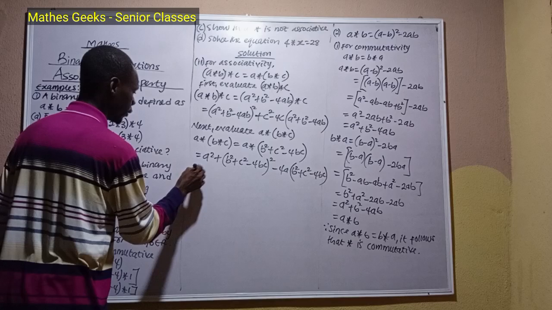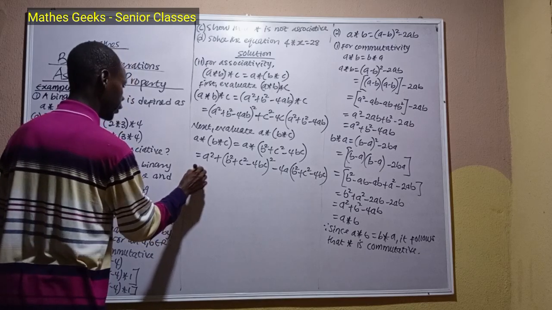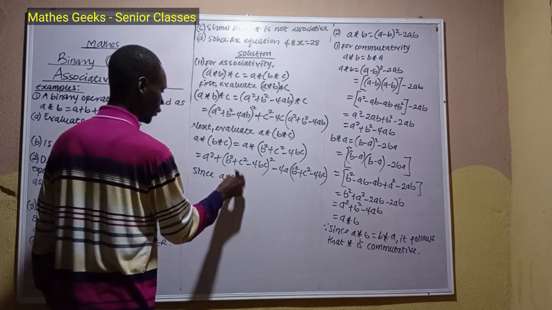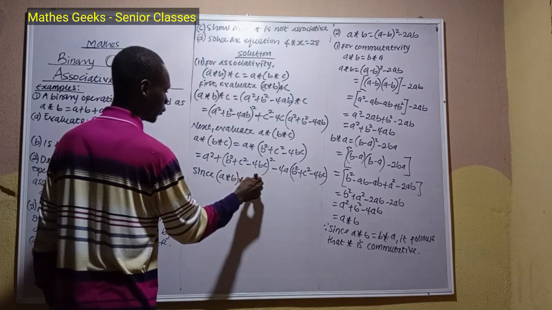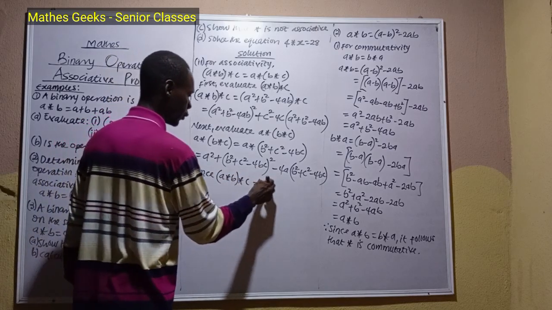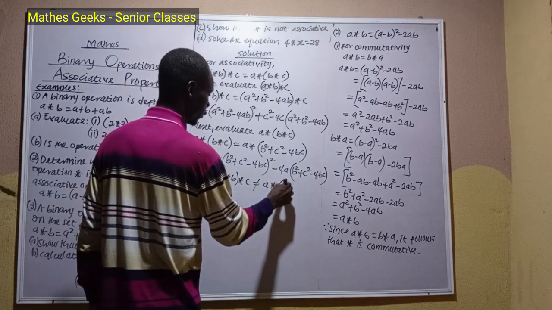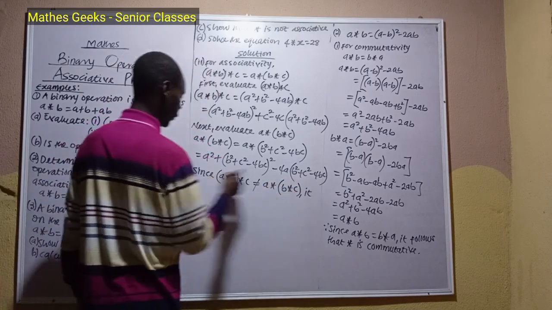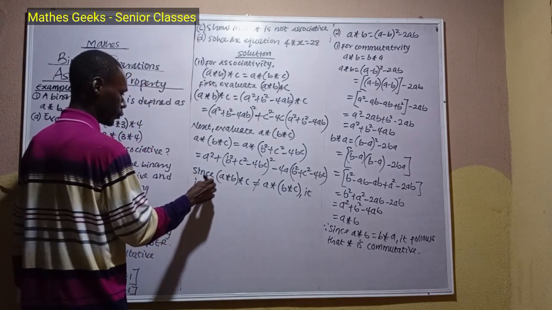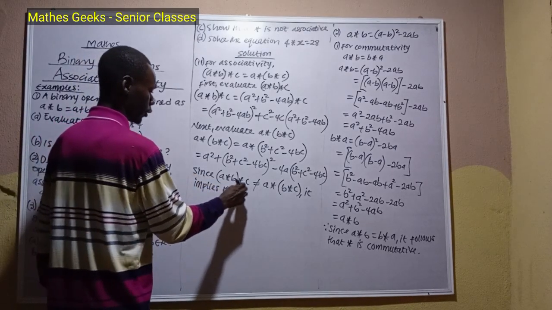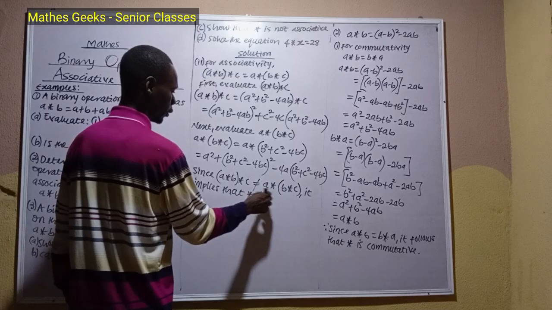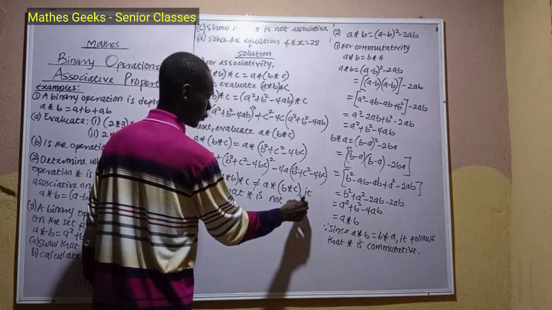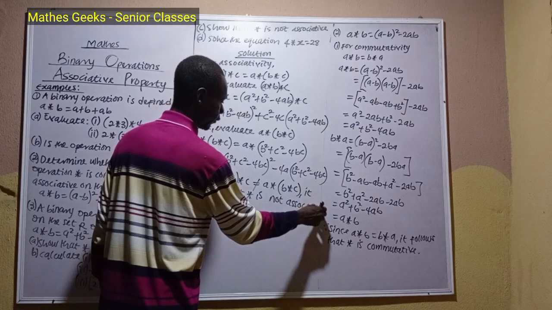Therefore, since (A star B) star C is not equal to A star (B star C), it implies that star is not associative.